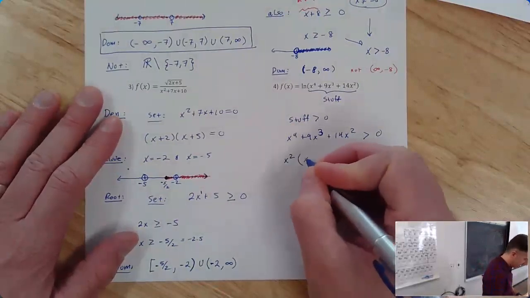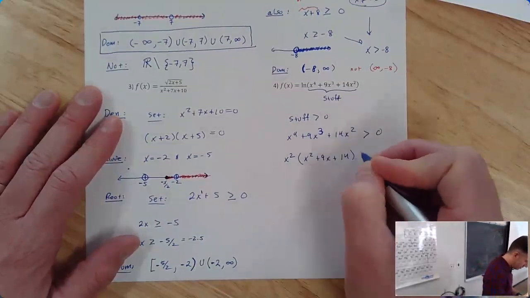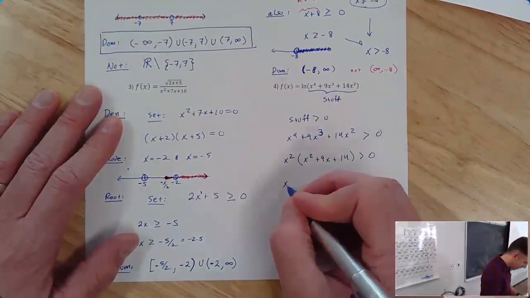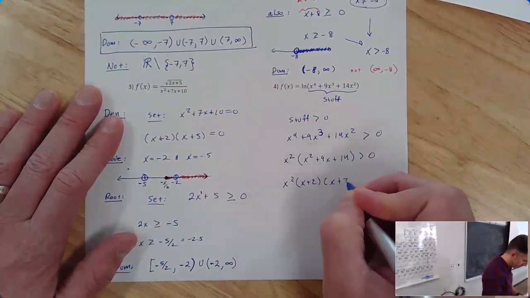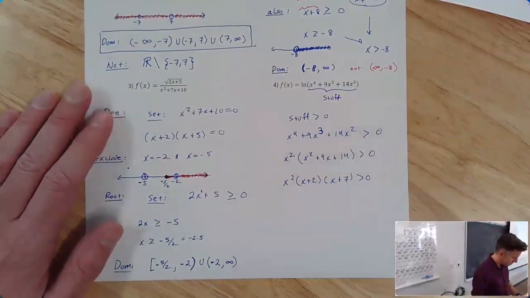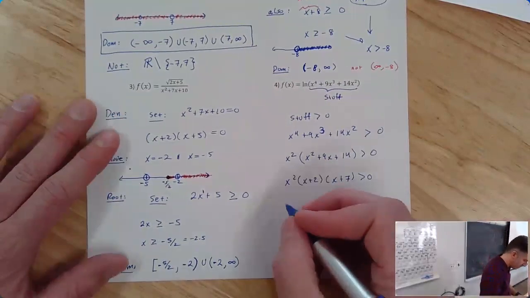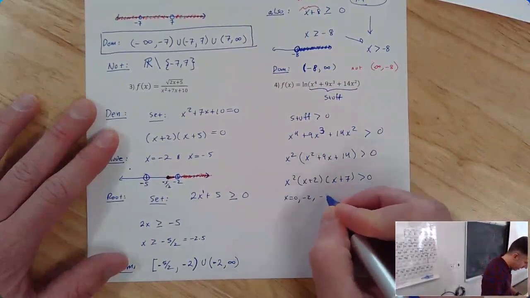Then we're left with x squared plus 9x plus 14. Then we're looking for numbers that multiply to 14 and add to 9. I think 2 and 7 fit the bill. So I've got x plus 2 and x plus 7. So the numbers we need to think about are x being 0, -2, and -7.